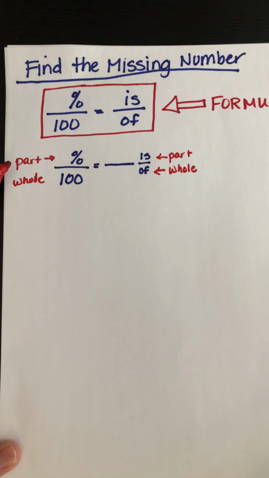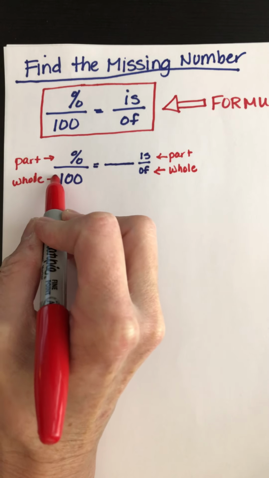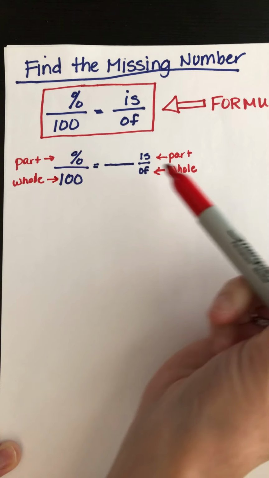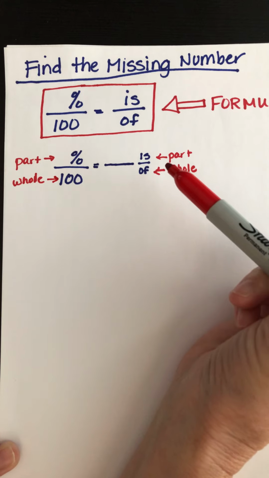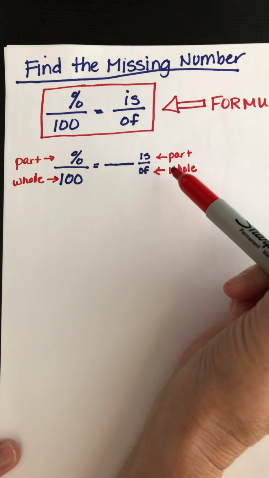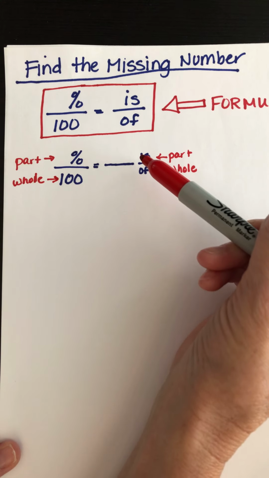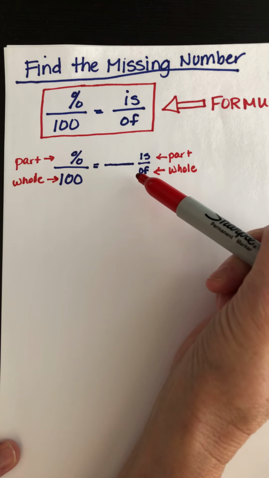Again, we have part to whole, percent out of 100. So if I had 50% out of 100, my 50 is my part, my 100 is my whole. But if I have my is over of, this part of my fraction, let's say I have 5 cookies out of 7.